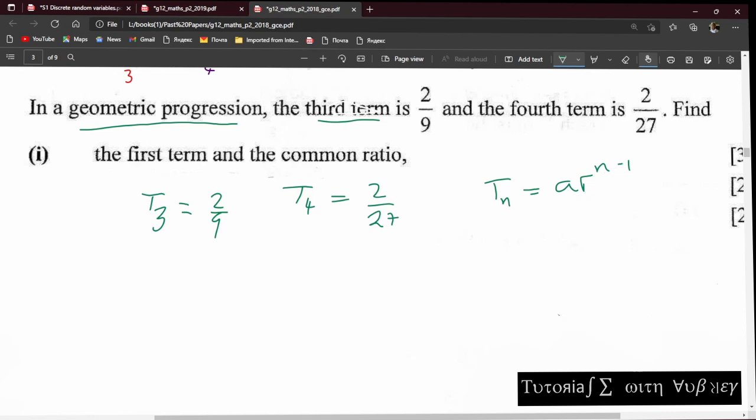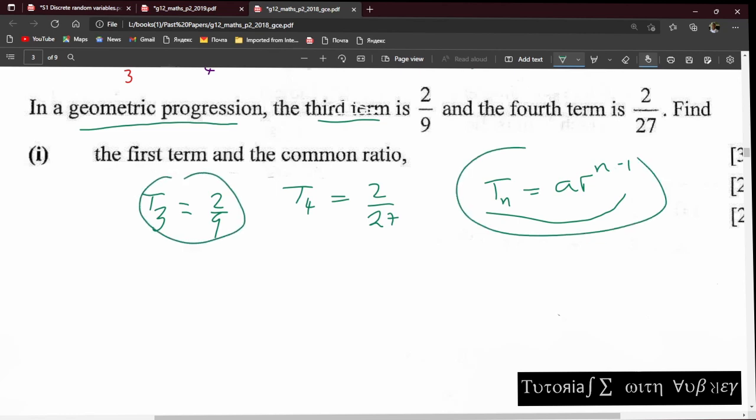So now we go back, and we start using this formula. We will replace these into this formula right here. So T3 is equal to A R to the N minus 1.